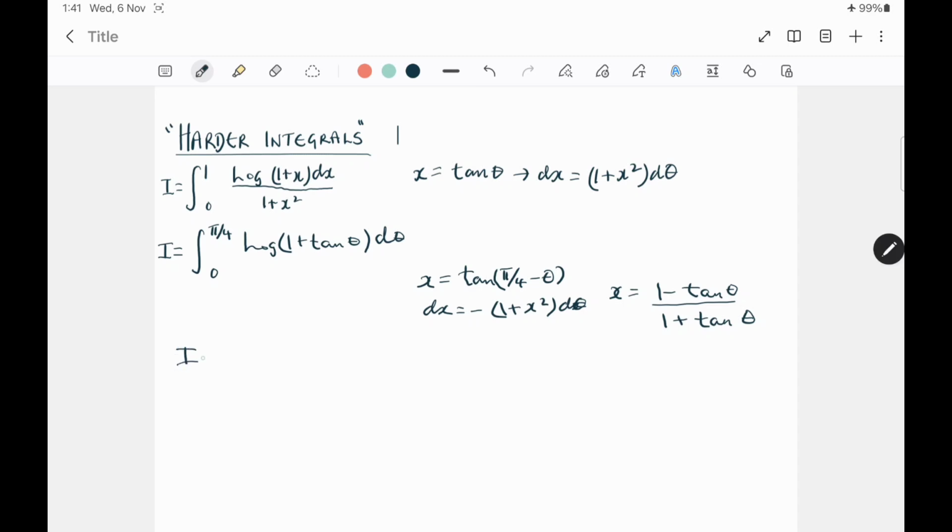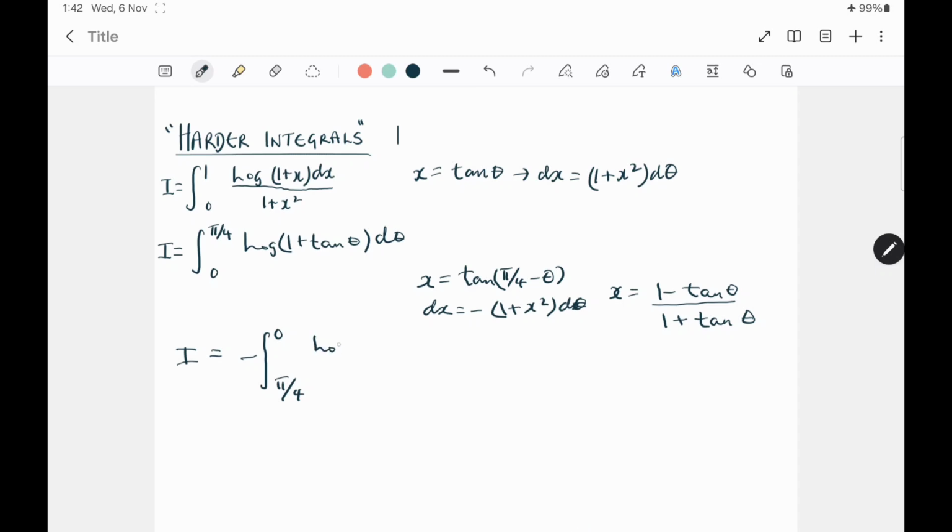And now when we substitute back into the integral, what are we going to get? So I will equal minus, and again, this time the limits are 0 and pi upon 4.